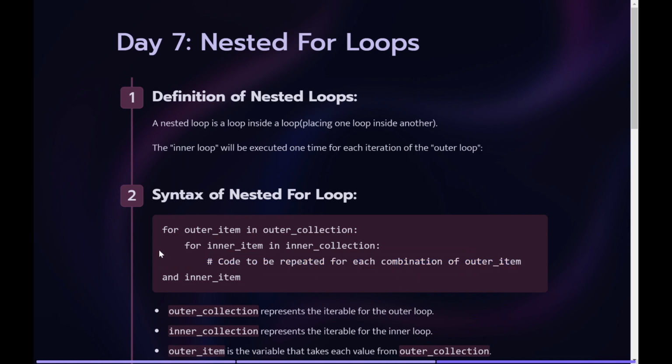And if you want to give any statements or code blocks for the outer for loop, you can either mention it right after the outer for loop statement, or once you finish the inner for loop code, you can mention it after this segment.